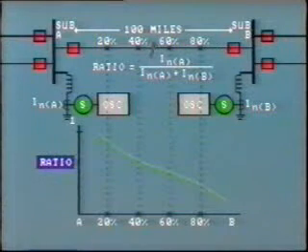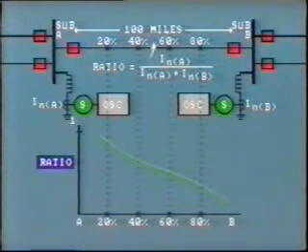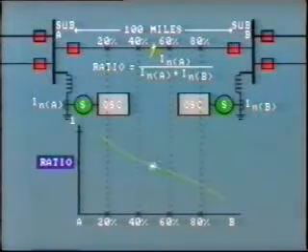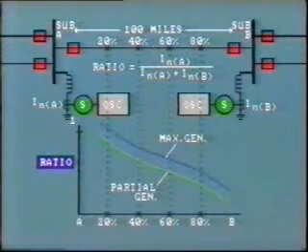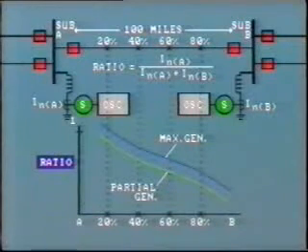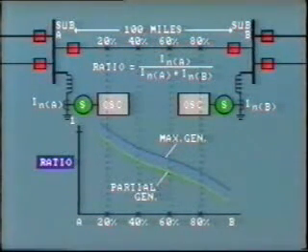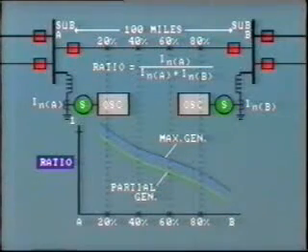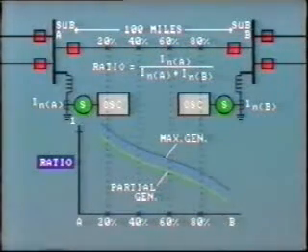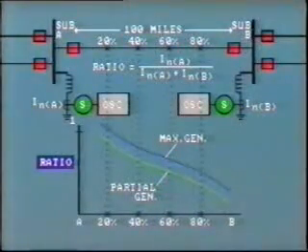For a fault near the middle of the line, INA and INB will be about the same, so our ratio is close to 1/2. Of course, we can create a whole family of curves for different system conditions, such as maximum generation and partial generation. Now that we have the simulation curve, how are the oscillograms used?